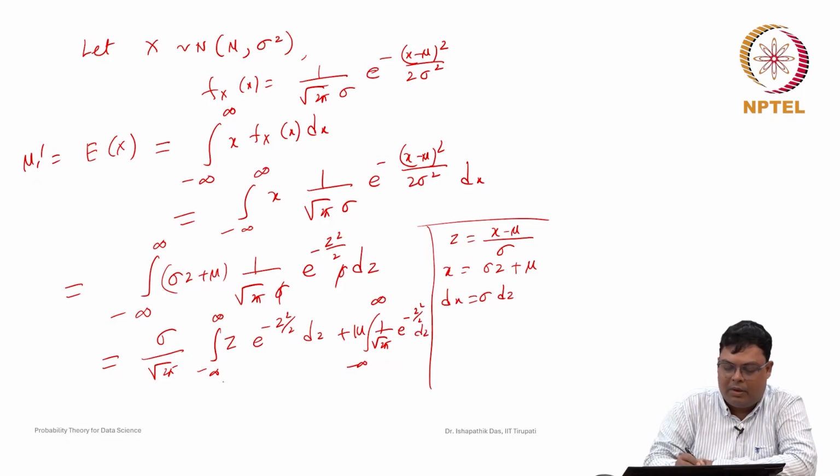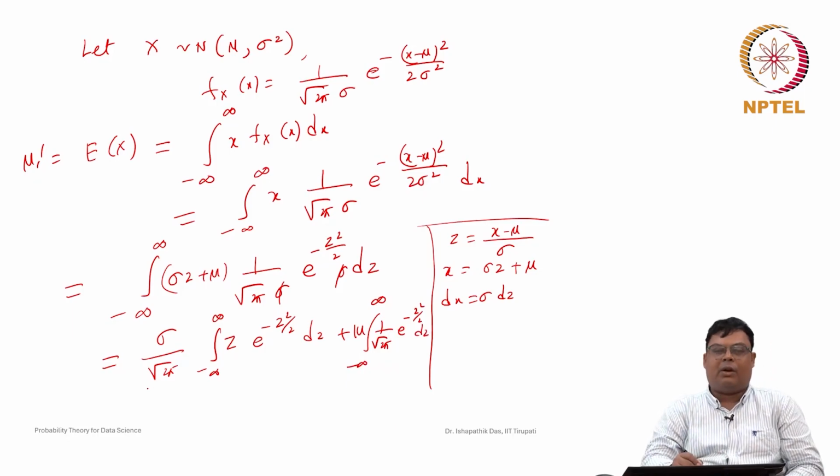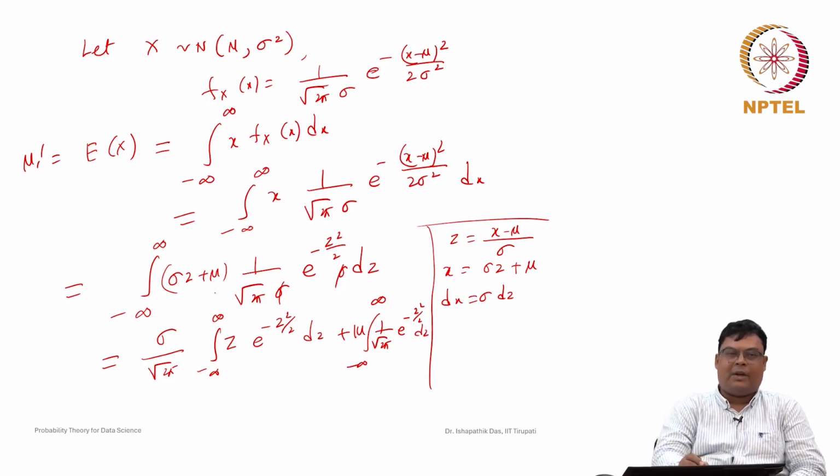This is the simplification we found, because it is sigma z plus mu.